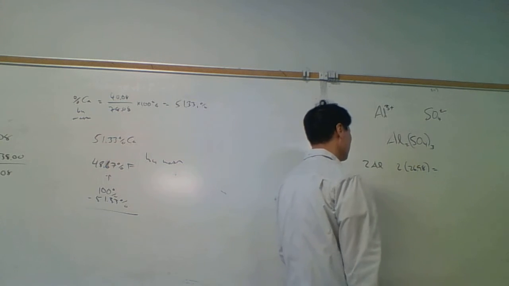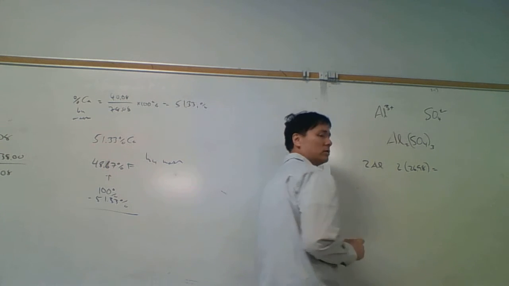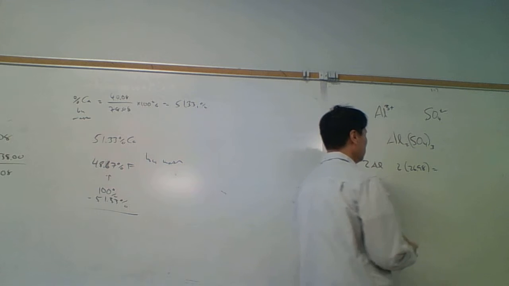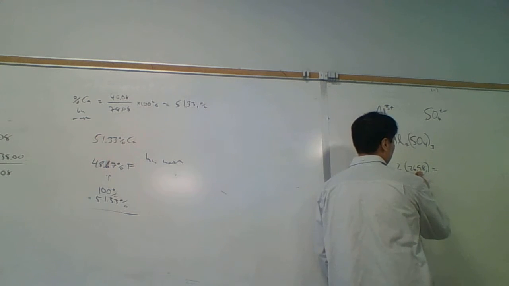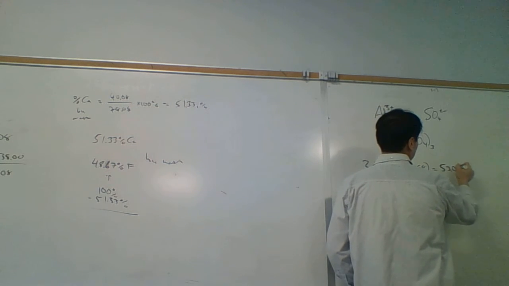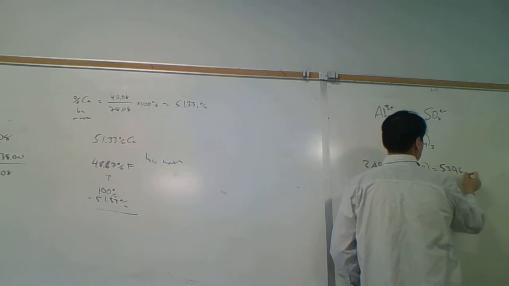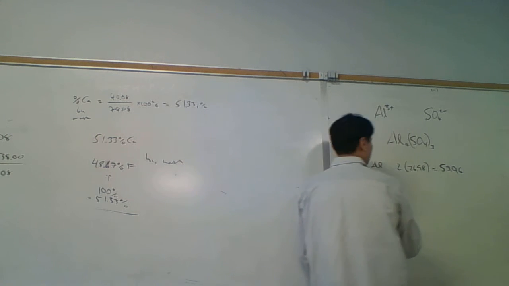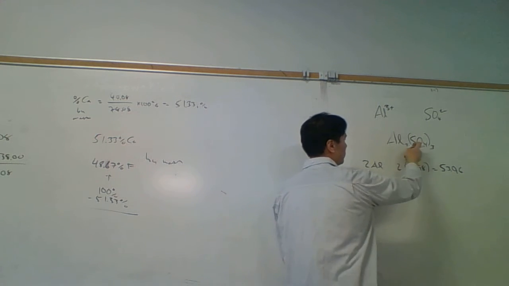It starts getting cumbersome. So 2 times 26.98. Well, 2 times 27 is 54 minus 0.04 would be 53.96. 53.96 worth of aluminum.